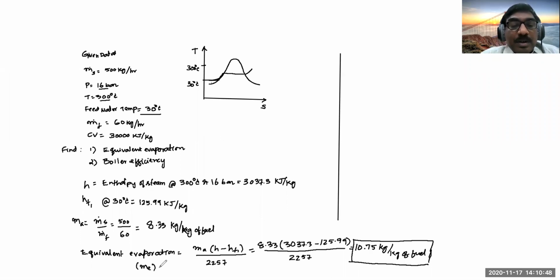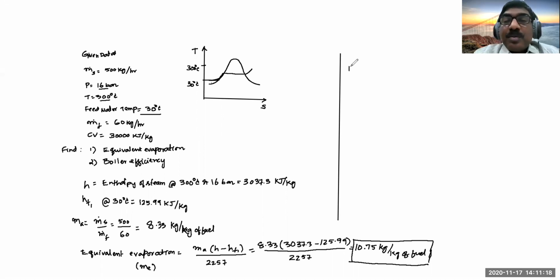This is the equivalent quantity of evaporated steam. So if you supply 1 kg of fuel at these conditions, that is at 300 degrees centigrade and 16 bar, this much amount of steam will be generated had it been at 100 degrees centigrade and atmospheric pressure.